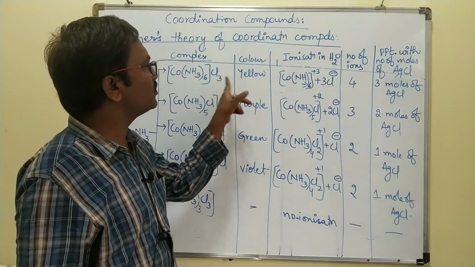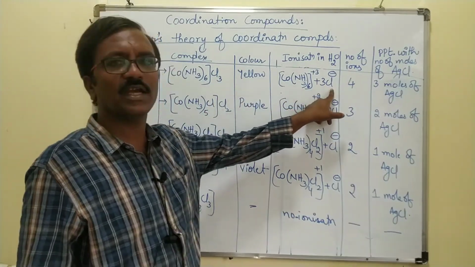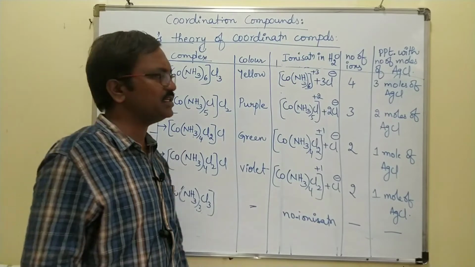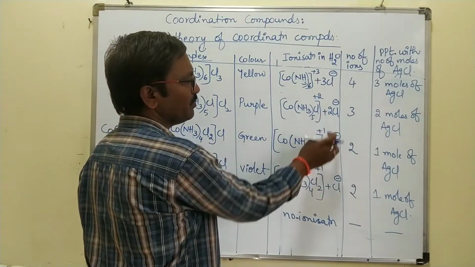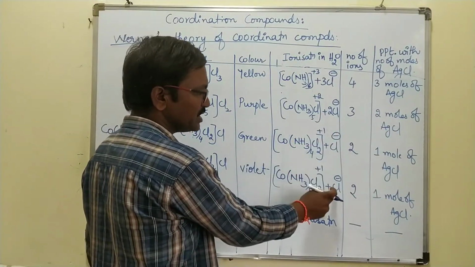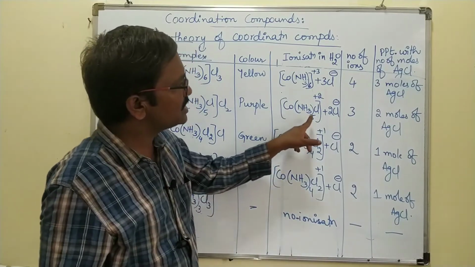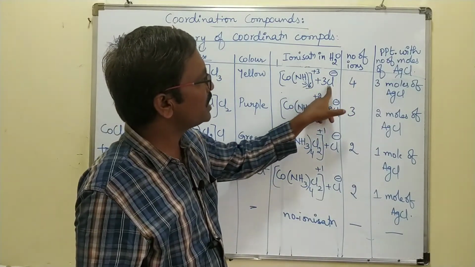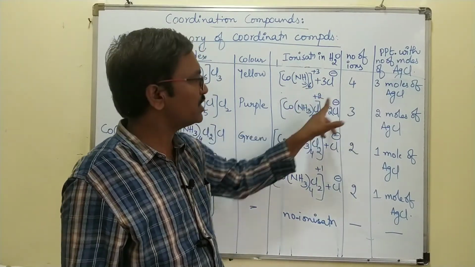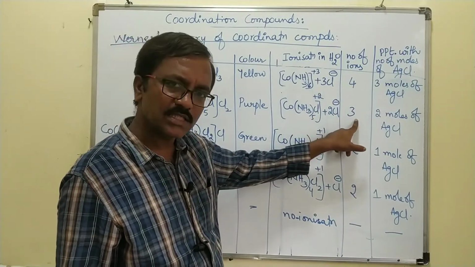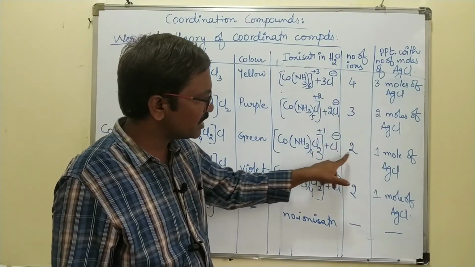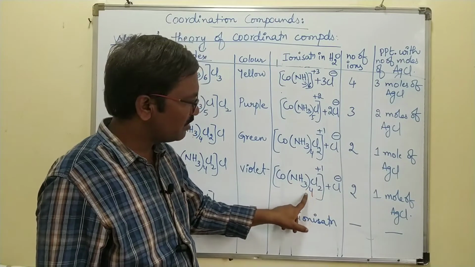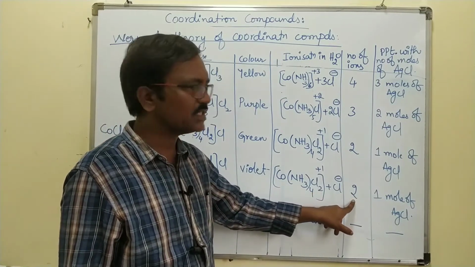How many Cls? 3 Cl minus are available in the ionization sphere. In this one, 2 Cl minus, in this one, 1 Cl minus, in this one, 1. So how many ions? 1 plus 3, 4 ions present in the water. 1 plus 2, 3 ions. 1 plus 1, 2 ions. 1 plus 1, 2 ions present in the water.